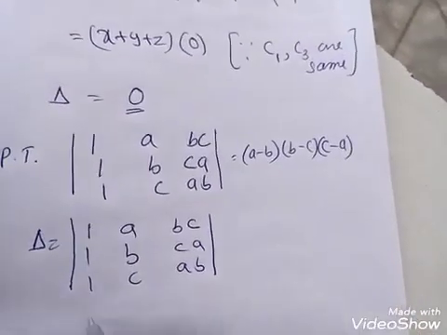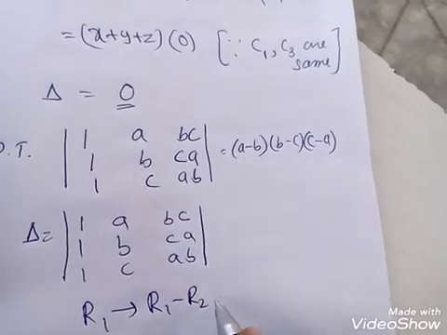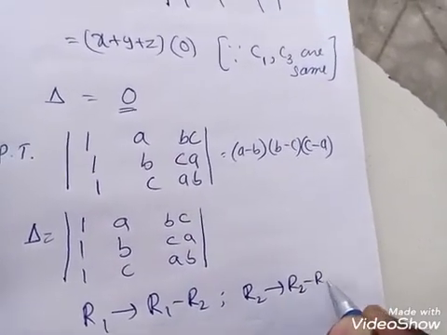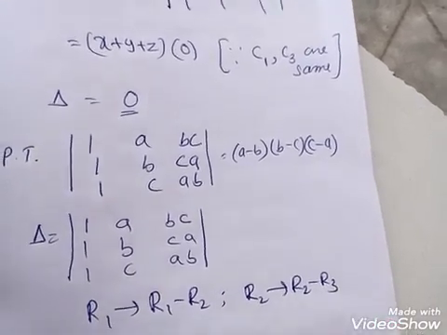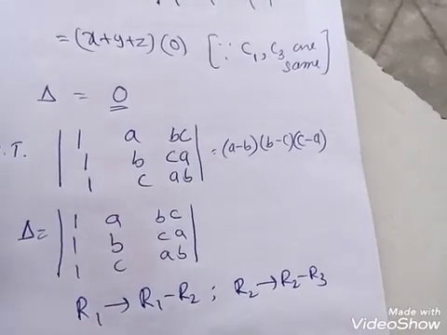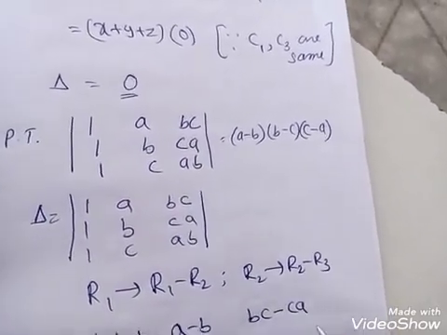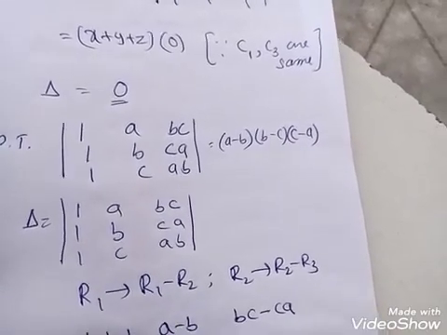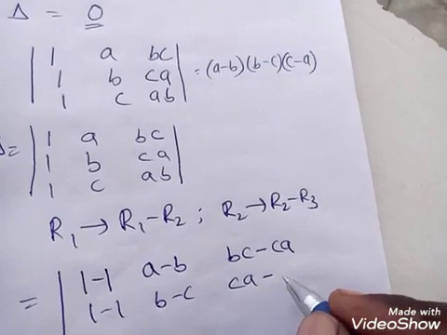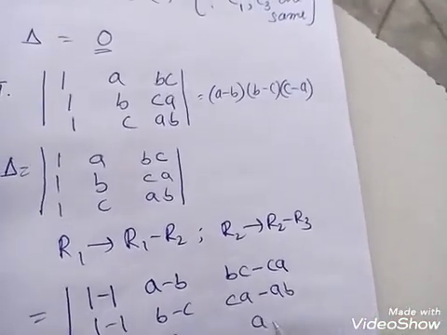Now I am going for the operation R1 gives rise to R1 minus R2, R2 gives rise to R2 minus R3. Then what are you going to get? 1 minus 1, a minus b, bc minus ca. Next 1 minus 1, b minus c, ca minus ab, and 1, c, ab.